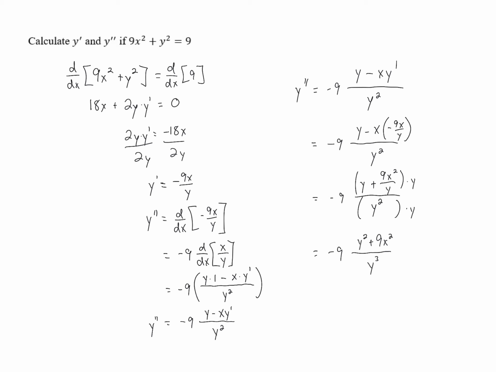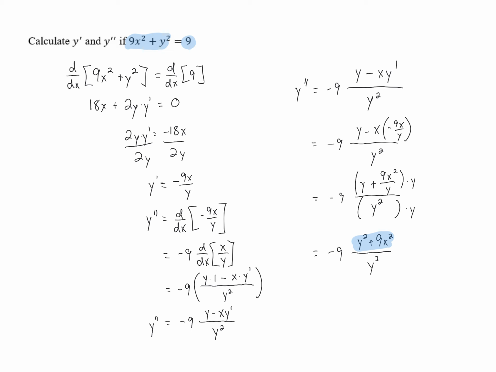So that is good. And we could leave it like that, but there's a really interesting thing here that I absolutely love. I love this problem. If we look at the numerator here, y squared plus 9x squared, and we look at the original problem, we know that y squared plus 9x squared is just equal to 9.